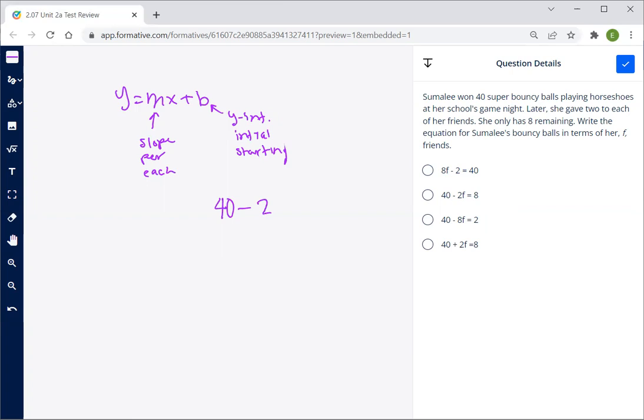And then the variable they used for friends, or that slope instead of x, they wanted to use f because they're talking about her friends. And then it says she only has 8 remaining. So that equals 8. So the whole thing, that's what she ends up with. So if we look at all of our options, you should be able to find it.